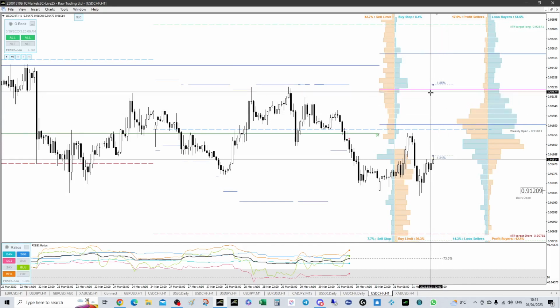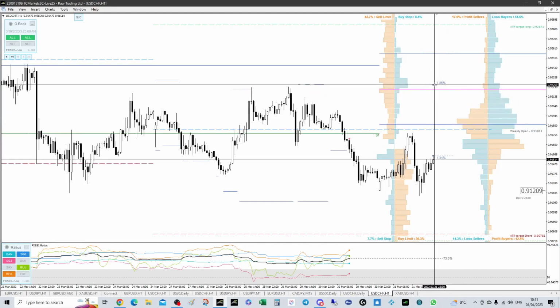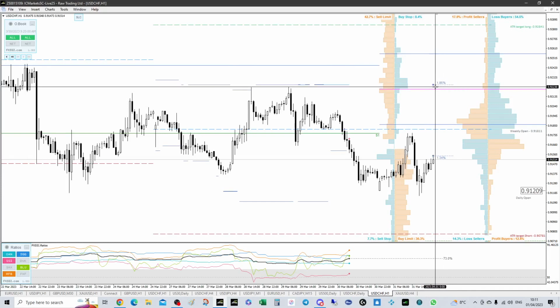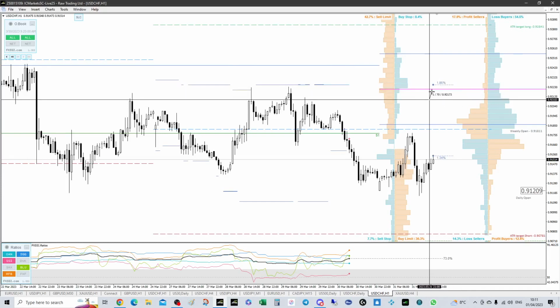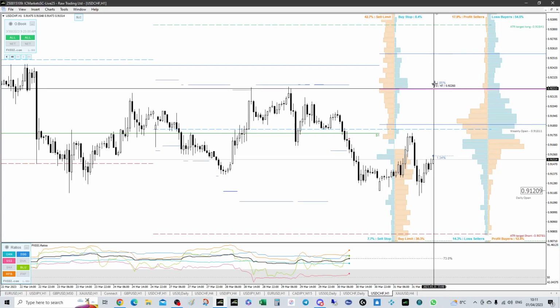So let's say price was here, we'd look for a sell order below the monthly pivot. So we're going to come up, take stops, hit technical resistance, and then down. And we're trying to get a good R, which is a risk multiple. So let's say, for example, we've got a very tight stop of 5 pips, then a 15 pip target would be a free R, because that's 3 times what you're prepared to risk, which is quite achievable.